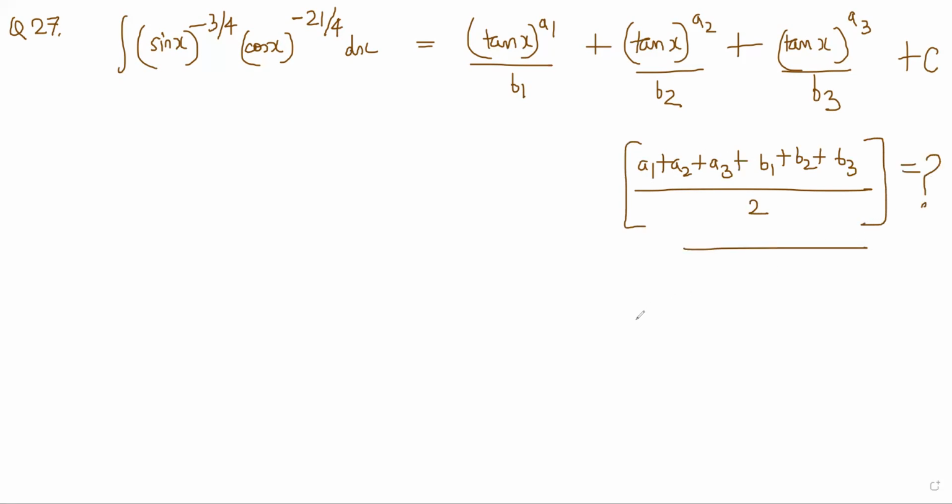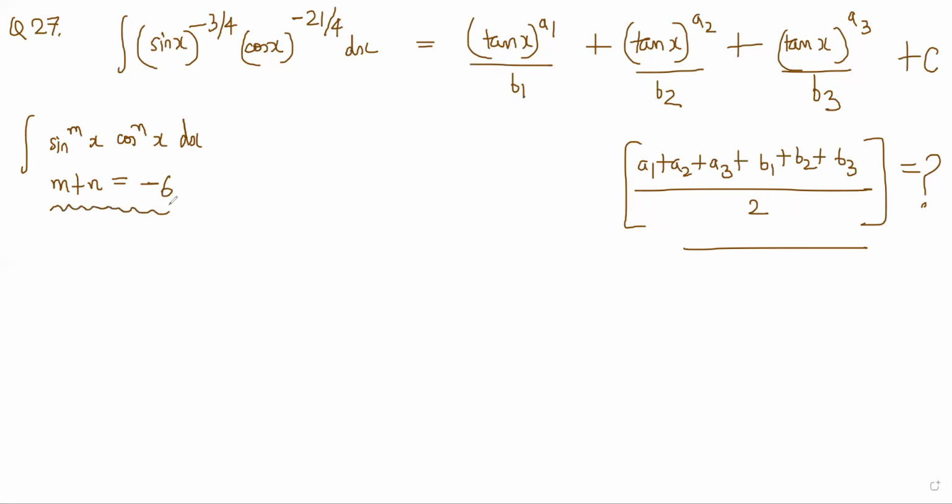Now, basically, we just have to integrate it. If we get the integral, we'll be able to find a1, b1 and so on, right? So here, notice that this is of the form sine power m x cos power n x, but m plus n is equal to a negative integer, which is minus 6, right?